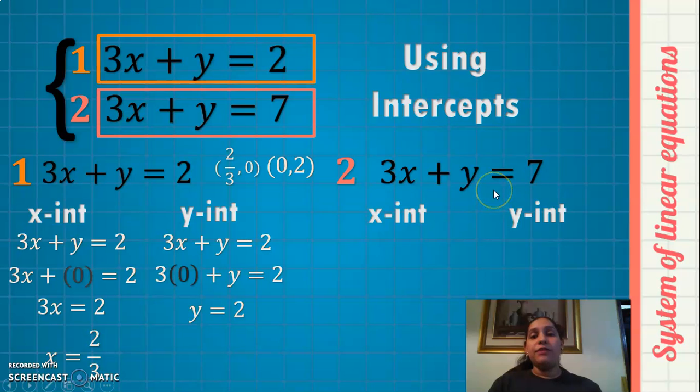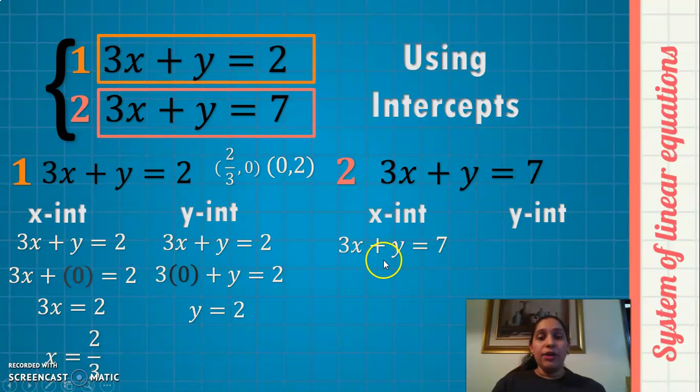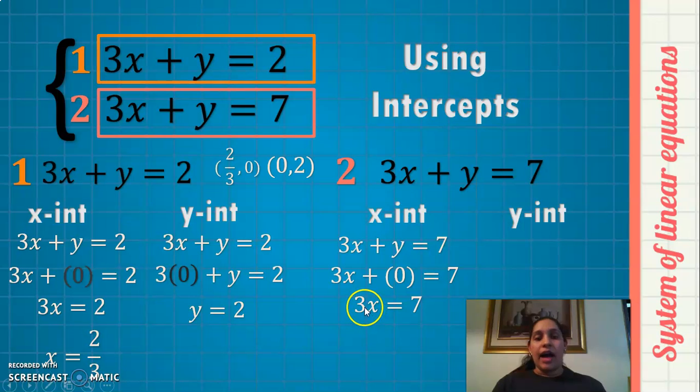Now I need to find my x and y-intercepts for my second equation. I start with 3x plus y equals 7. I substitute y as 0 and leave x alone. I move the 3 that is multiplying the x to the other side, doing the opposite operation, dividing.